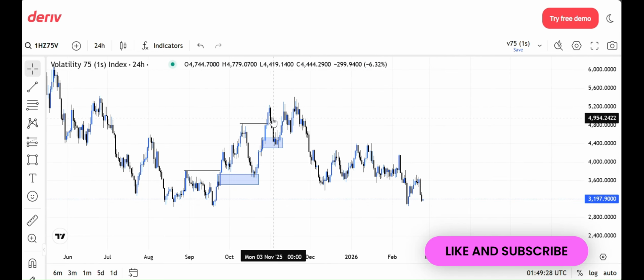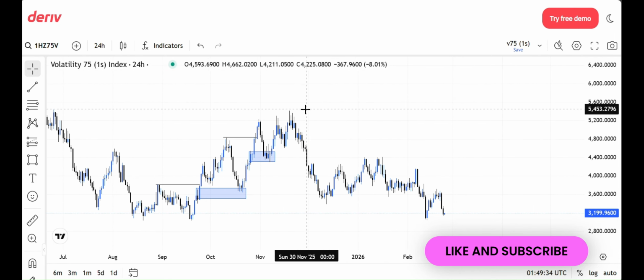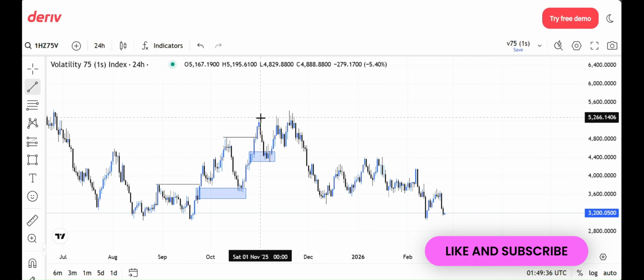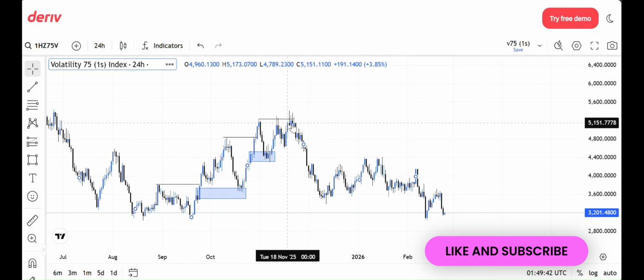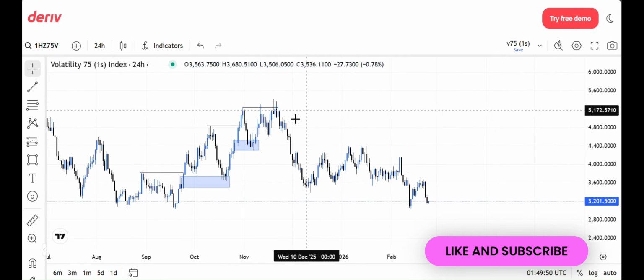But when we got here, after this retracement, we saw there was no full body candle close. Rather, what are we seeing here? We are seeing wicks. This is not a break of structure, because we didn't have a full body candle closing above this previous high. Rather, what did we see?